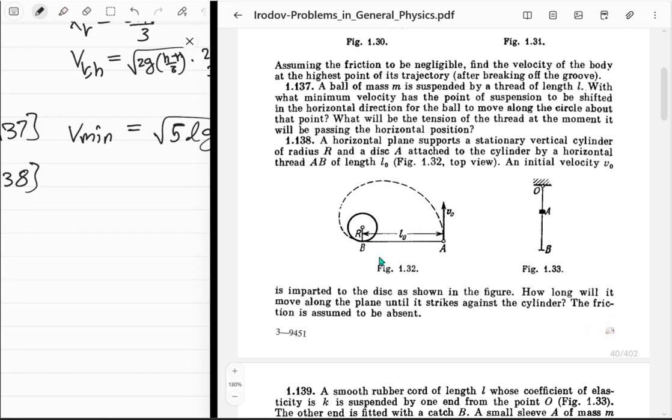I don't think it can. The only way is proper analysis of the motion. Friction is absent, no gravity, nothing. This velocity is constant. That's what we know.